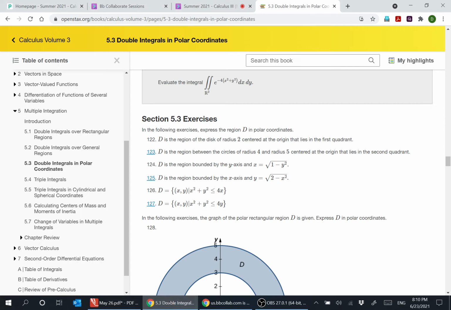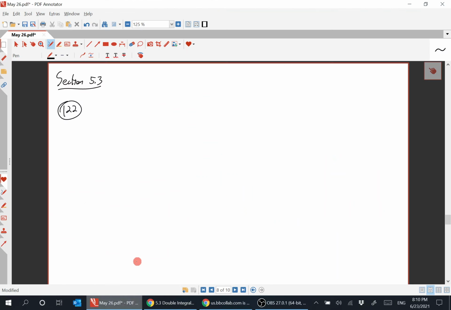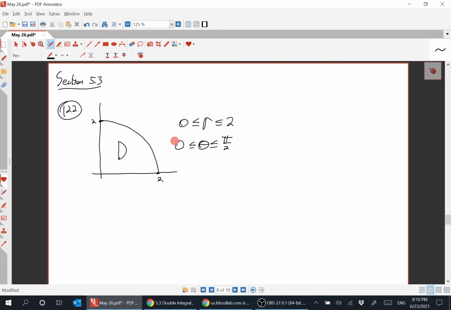So D is the region of the disk of radius 2 centered at the origin that lies in the first quadrant. So it's a quarter disk of radius 2. All right, so this is the region D here. As a polar rectangle with just constant bounds for r and theta, the radius goes from 0 to 2, and theta goes from 0 to pi over 2.